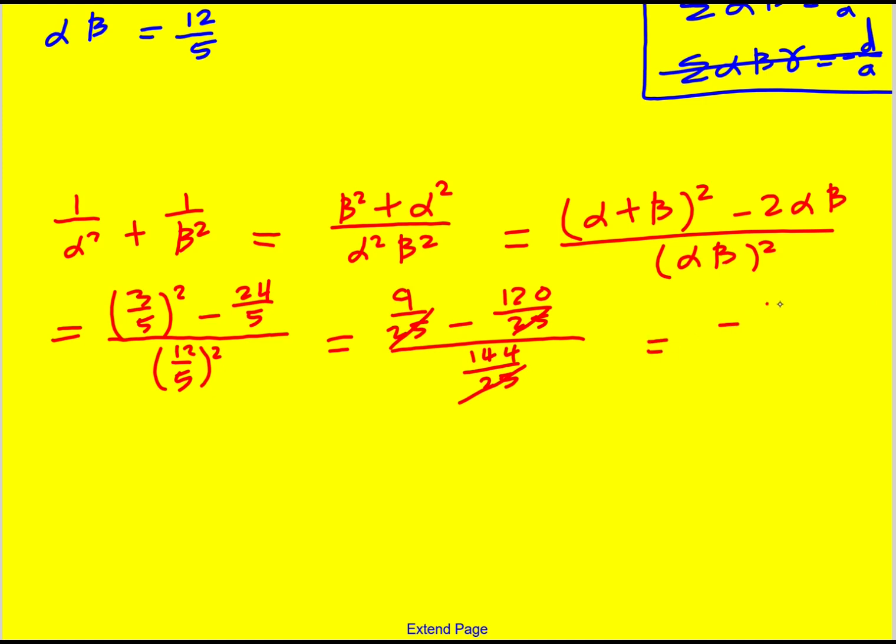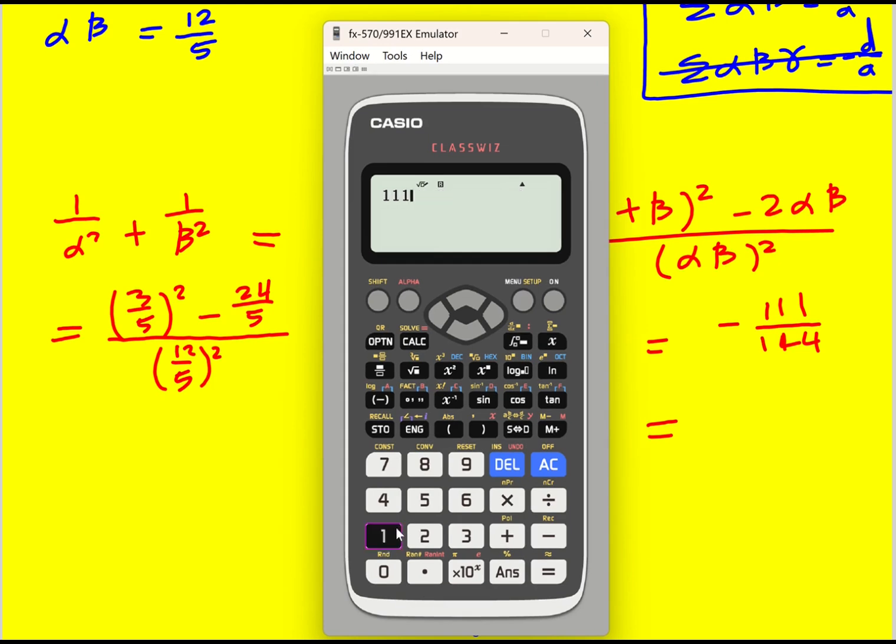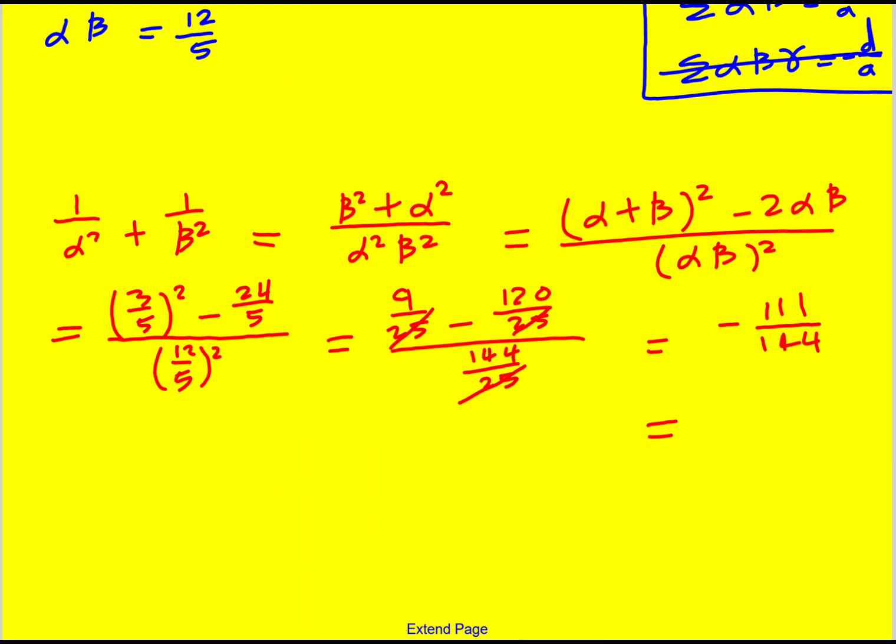That'll give me minus 111 over 144, which is the answer, except we just got to see if we can cancel it down. I think 3 goes into it, so I'll put it in our calculator to get minus 37 over 48.